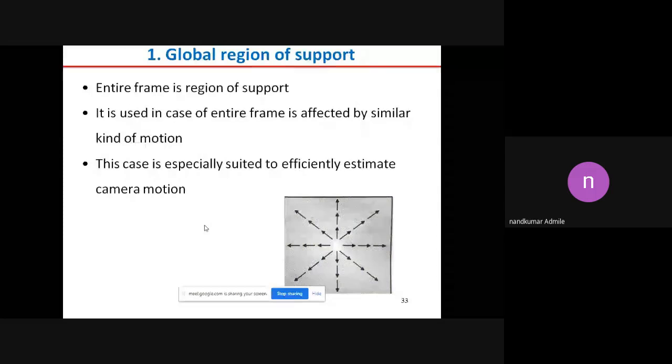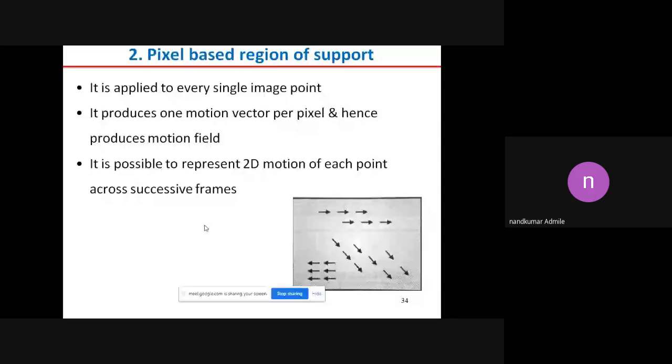Okay, so in a global region, just remember that there is a movement of a pixel in the entire frame. The second one is a pixel based region. In a pixel based region, instead of the entire frame we can consider only the part where motion is present.